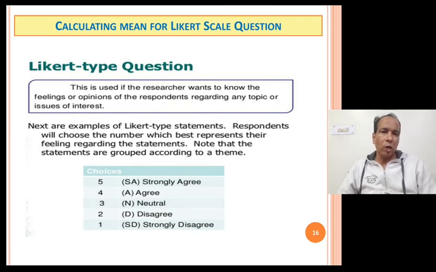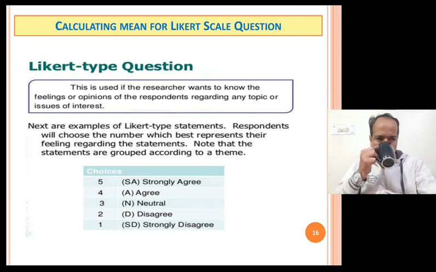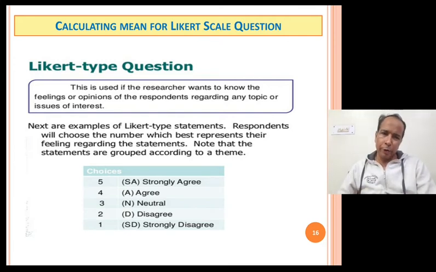Many times we give a statement like, institute XYZ is the best institute in management in Uttar Pradesh. Now there may be 5 choices before the respondents, that is strongly agree, agree, neutral, disagree, strongly disagree.